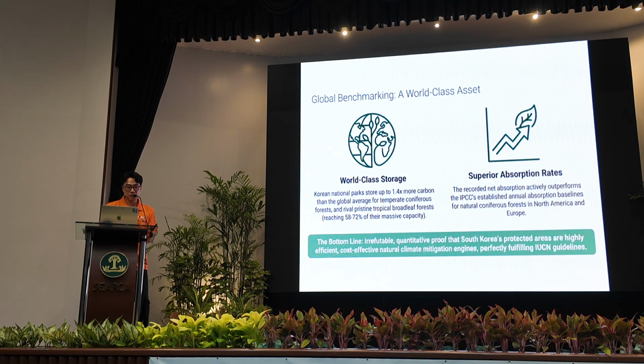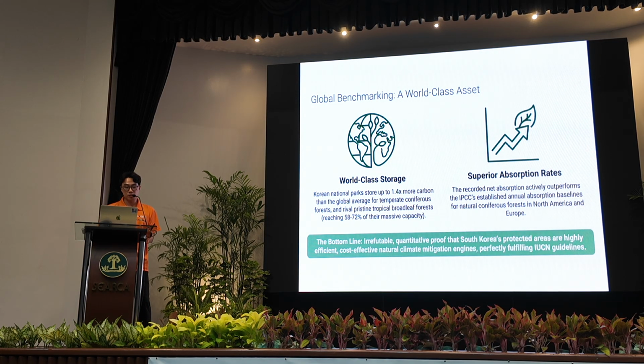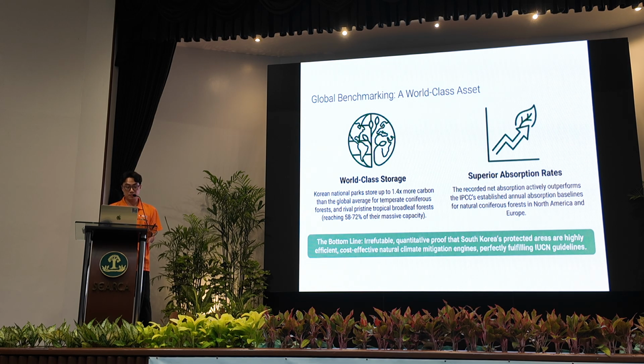The net absorption actively outperforms the IPCC's established annual baselines for natural coniferous forests in North America and Europe. So this data proves Korea protected areas are effective climate mitigation engines fulfilling IUCN guidelines.